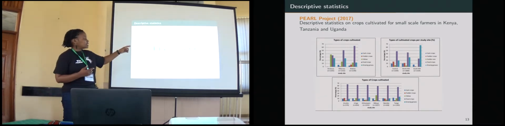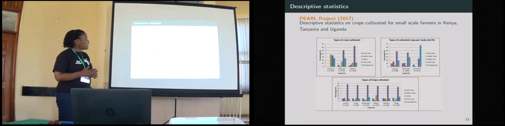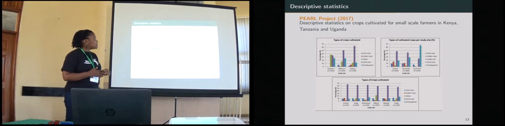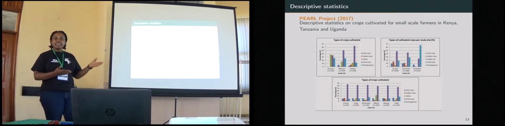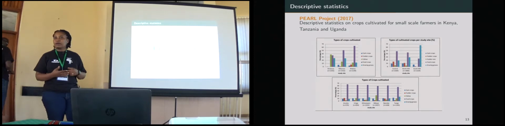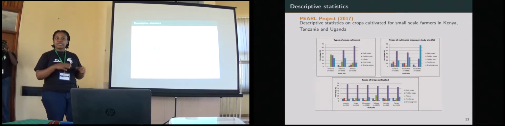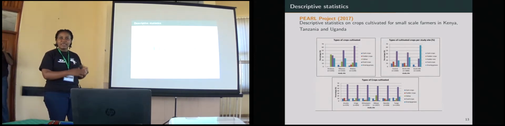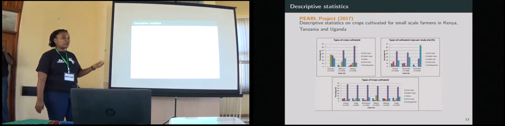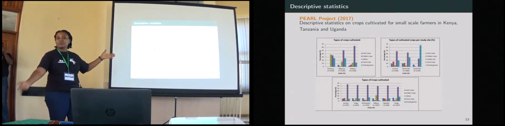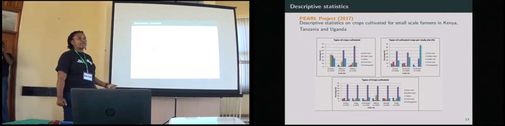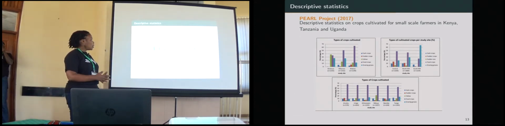From the summary statistics in Kenya, the Southern Rift, the land is mainly used as grazing land, from which you can infer that the land in the Southern Rift is not as arable for cropping. I'm sure the Southern Rift is mainly for grazing. So you can tell that from the summary statistics, and when you compare with what is actually happening on the ground, they do correlate.